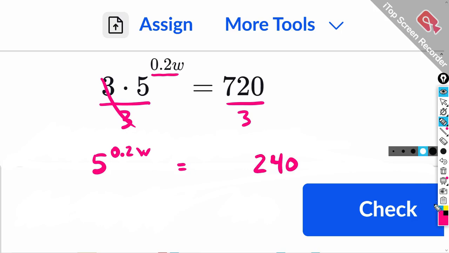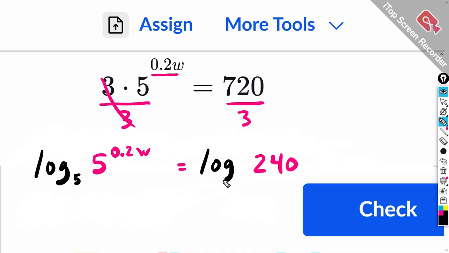Once again, we are using the log cancellation property. We have an exponent we want to obtain by itself, and we have a base 5, so we're going to use log base 5. Whatever you do to one side of the equal sign, you do to the other. Base 5, that's gone.